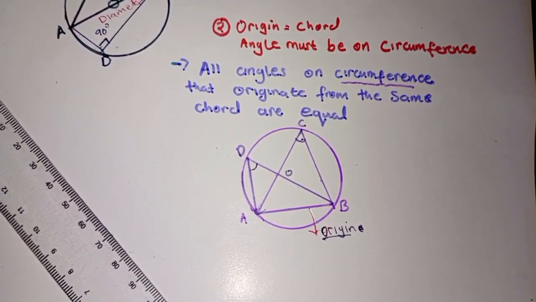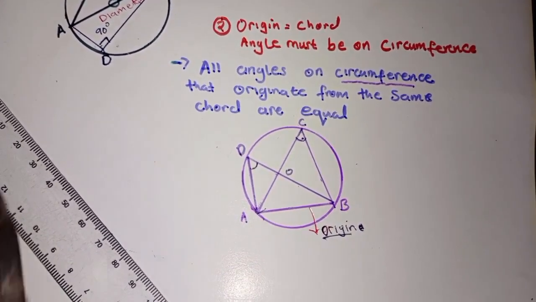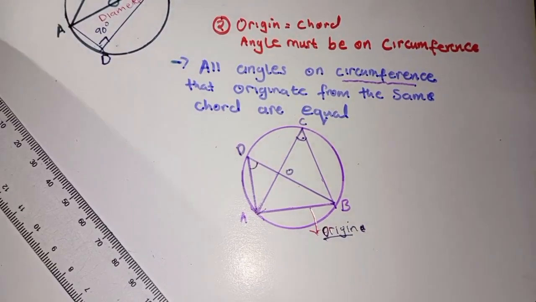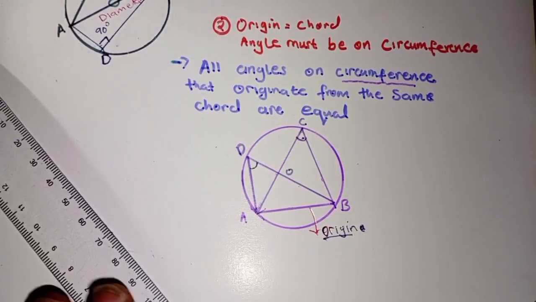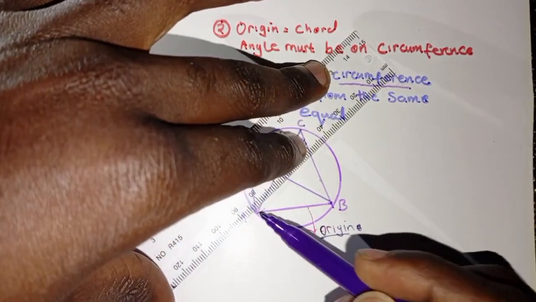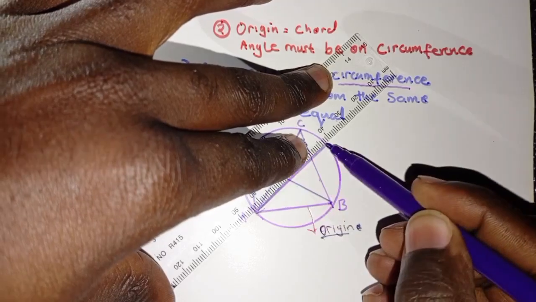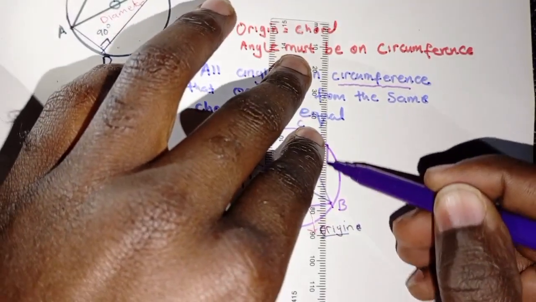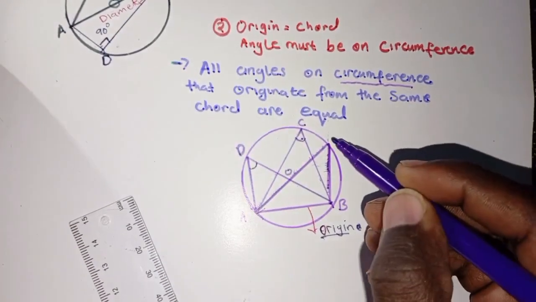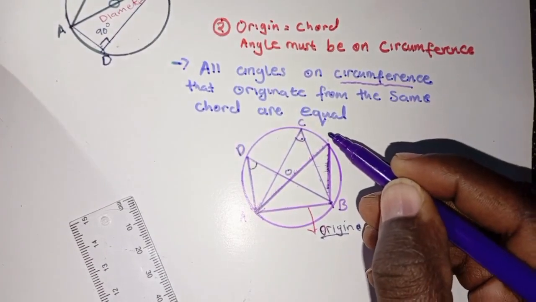It is very much possible that it can also raise another angle. So you can even have three angles so long as they maintain the same origin. This one you can call angle E.